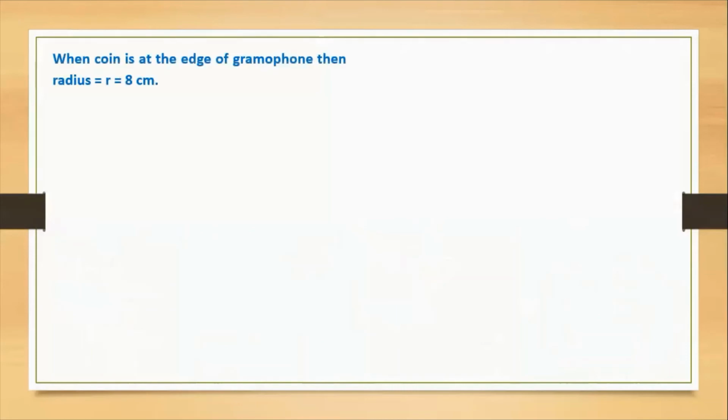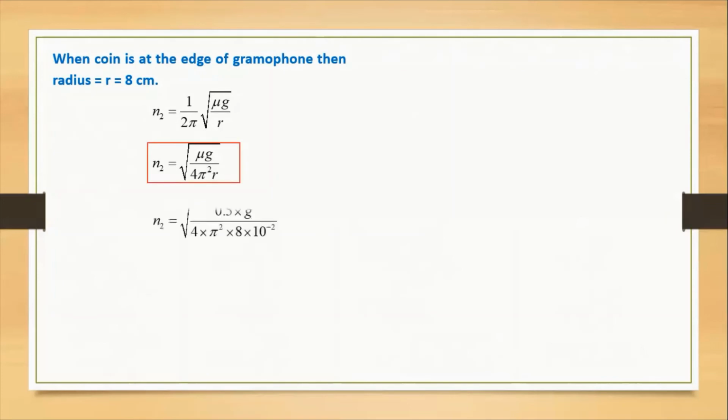When the coin is at the edge of the gramophone, then radius r is 8 centimeter. Now the same formula. Okay. Under root mu g upon 4 pi square r. Same formula which we used in the previous part. Now we substitute this r as 8. Then after solving this, you know that here this g and pi square get cancelled.